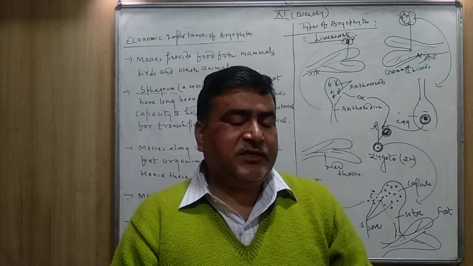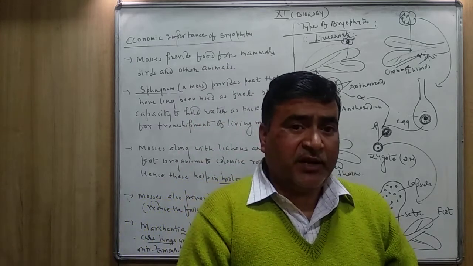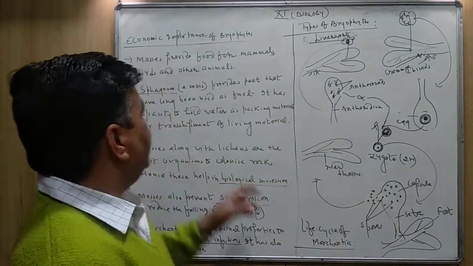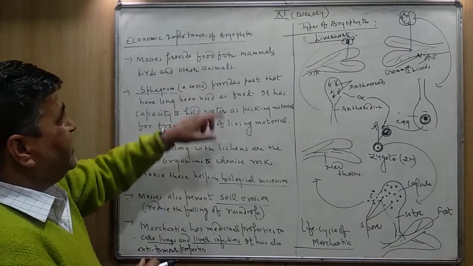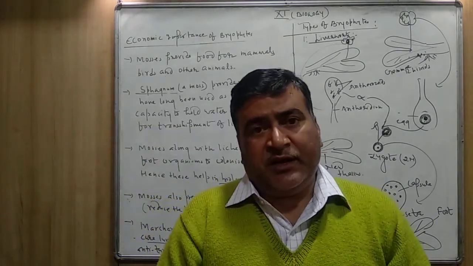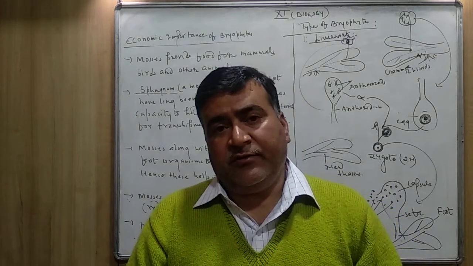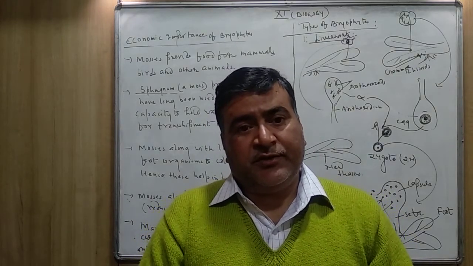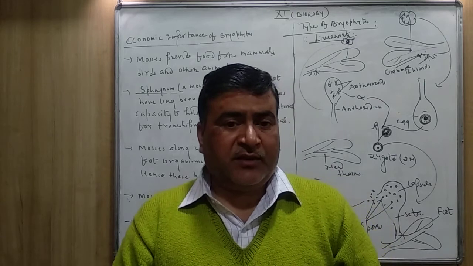Some species of Sphagnum, a kind of moss, are the main source of the peat, and peat acts as a fuel which can be used for so many purposes.